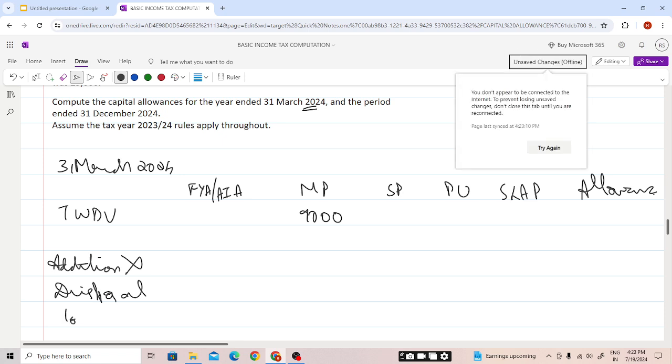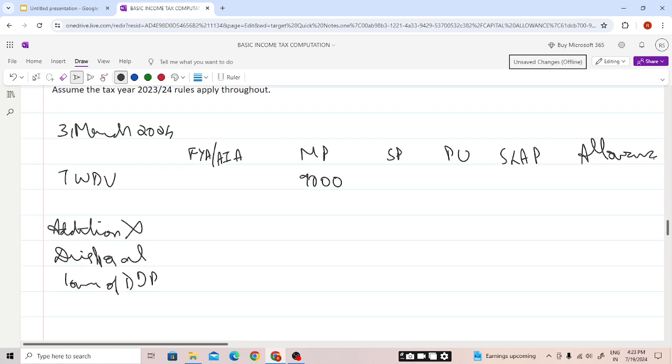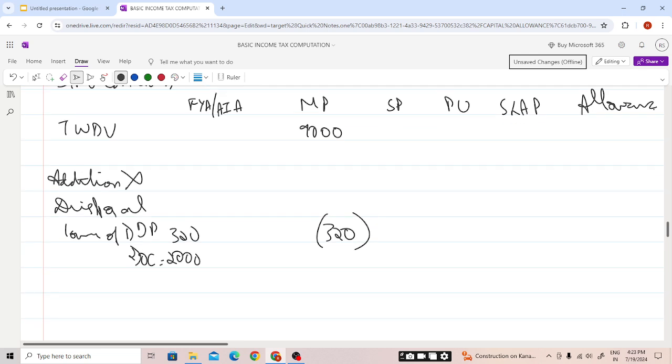So the disposal value will be the lower of two things, disposal proceeds and original cost. Original cost is 2,000, disposal proceeds is 320. So this will reduce the balance, students, and give rise to 8,680.